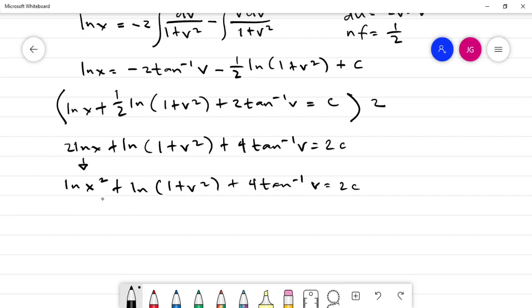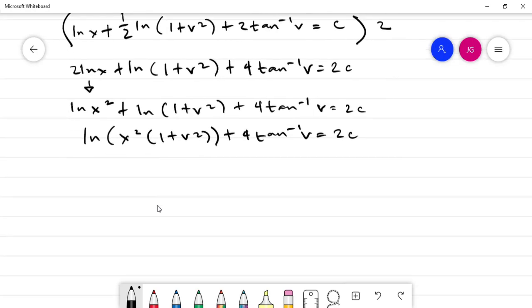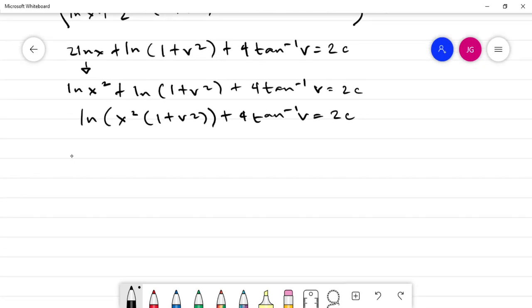Okay. So pwede na nato ma-apply ang product rule. So we have ln, then x squared, then 1 plus v squared plus 4 arctan v is equal to 2c. Okay, take note. Wala ba tanaw man sa ito ang mag-solve because we need to again substitute our equation.